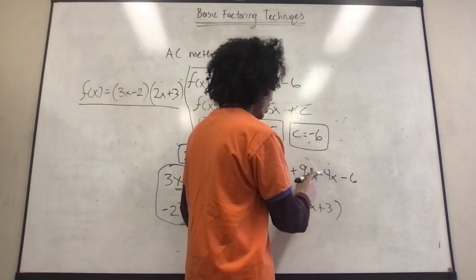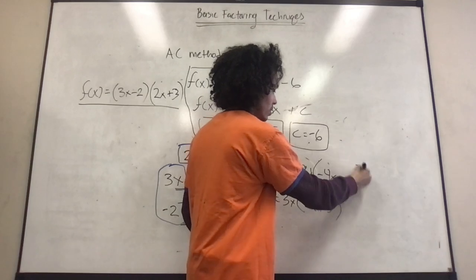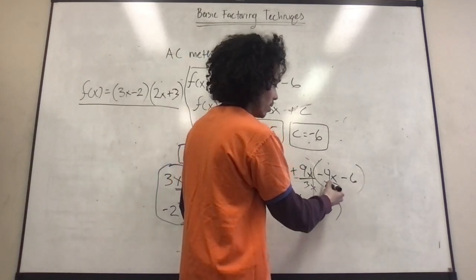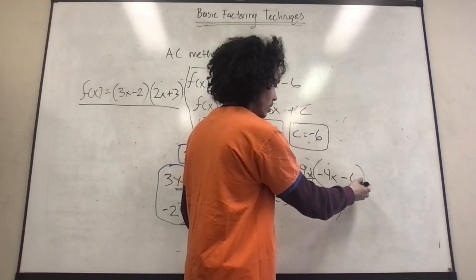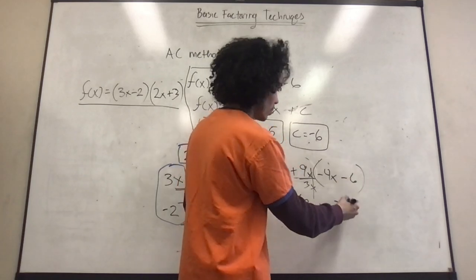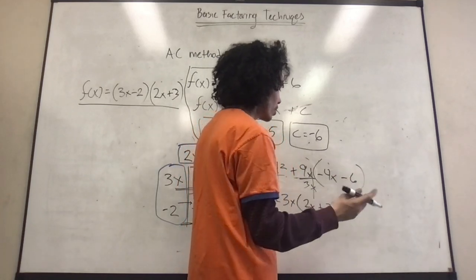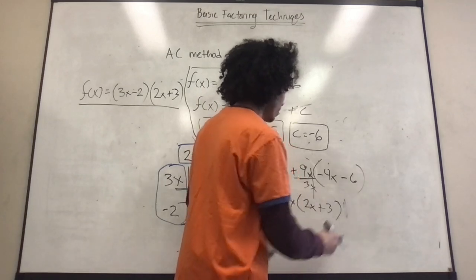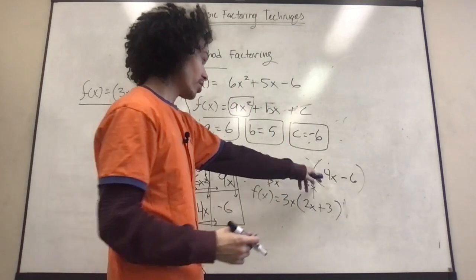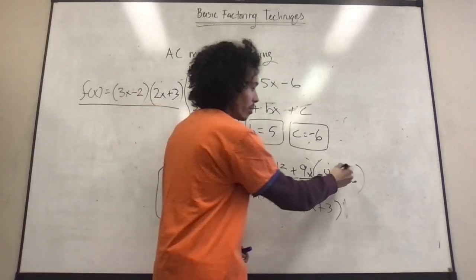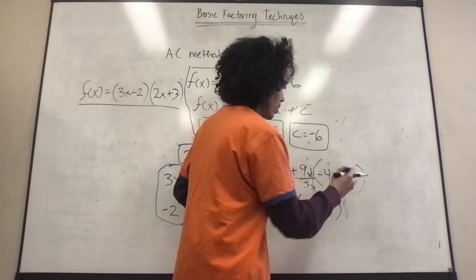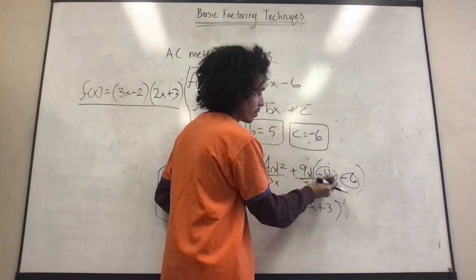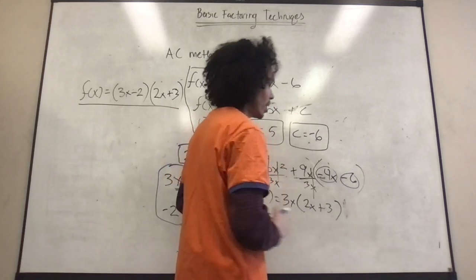And then after that, you look at this group here and you try to factor it. So we've got negative 4x minus 6, okay? We can factor out a negative 2. See how both terms share a negative?